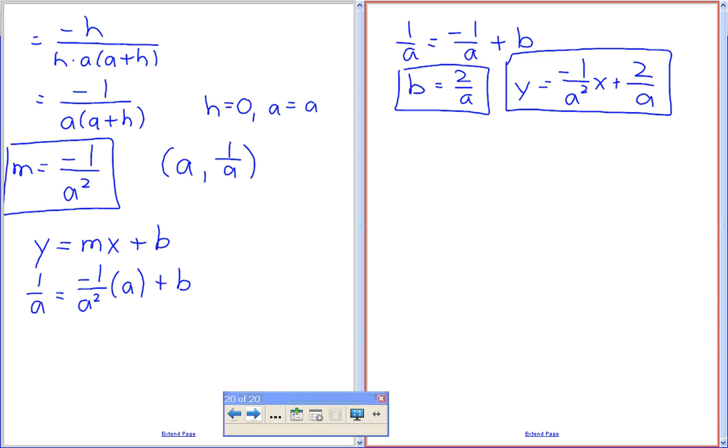Okay, now going all the way back to the beginning of this question. What do we need to find the area of the triangle? Yeah, we need the x and y intercepts. How do you get your x-intercept from the line? My x-intercept is going to be 0 equals negative 1 over a squared x plus 2 over a.